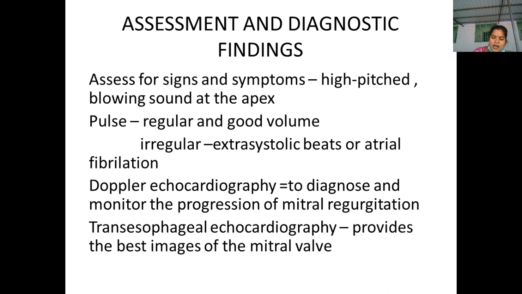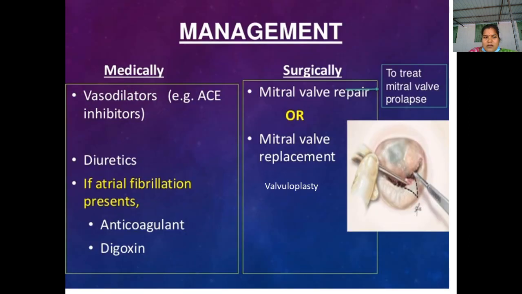So management, definitely medical management, includes vasodilators. These vasodilators are nothing but the angiotensin converting enzyme inhibitors and ARBs, angiotensin receptor blockers. These angiotensin converting enzyme inhibitors are the prill type of drugs.